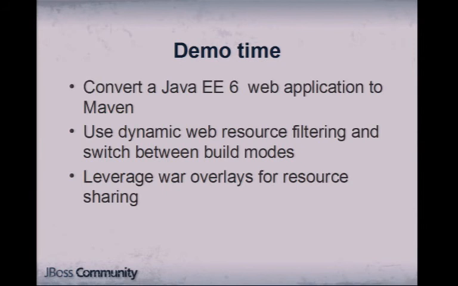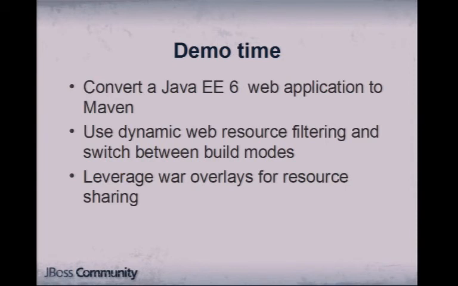So now I'm going to demo a web application. It's a Java EE6 application using JAX-RS as a backend for REST services. The front end uses AngularJS, which is a JavaScript framework from Google.